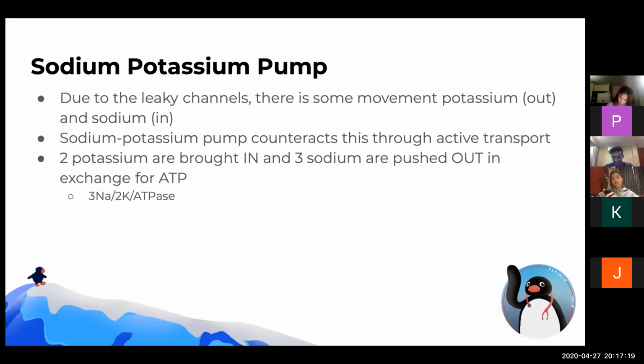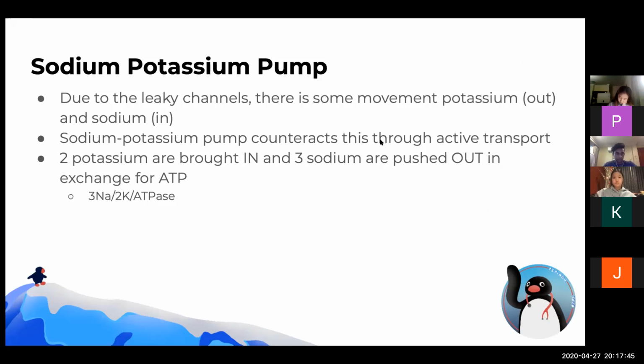So next, since we have some leaky channels, and if we remember that our leaky channels have an intrinsic rate of opening and closing, there will be some movement of potassium going out and sodium coming back in, according to their concentration gradients. However, it's really important that we have these sodium-potassium pumps, which are a form of active transport, to counteract some of this movement.